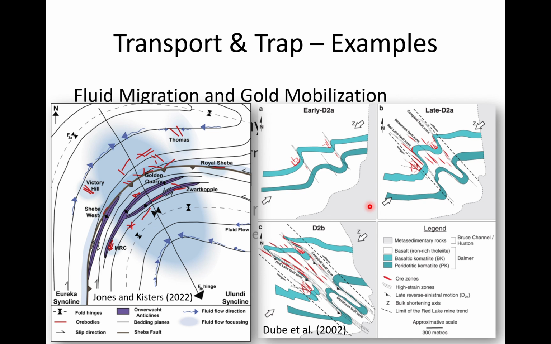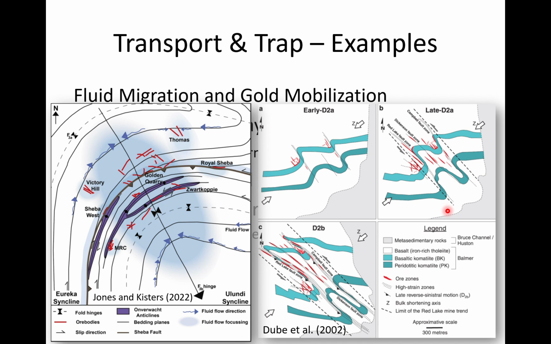These early veins represent the first generation of fluid conduits, exploiting dilation zones created during folding.